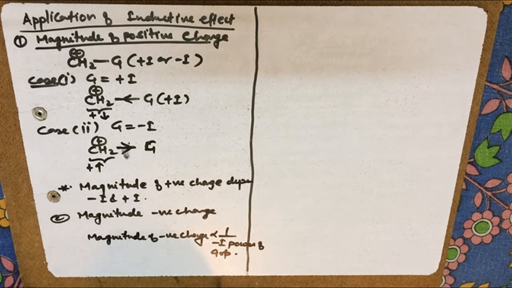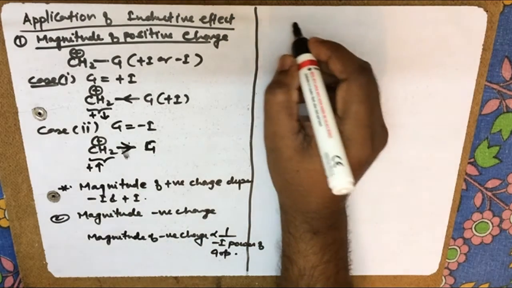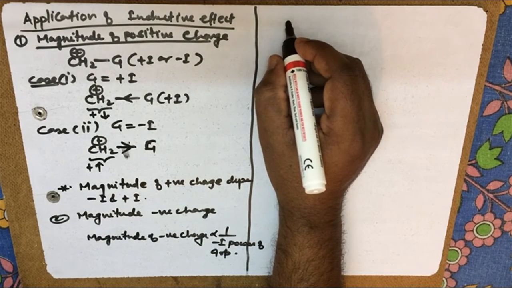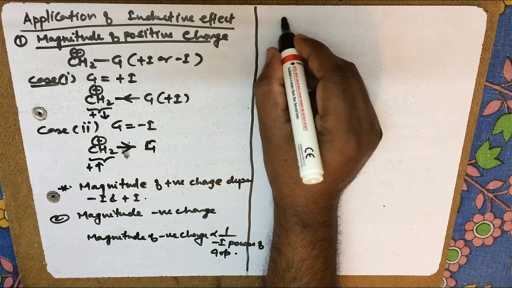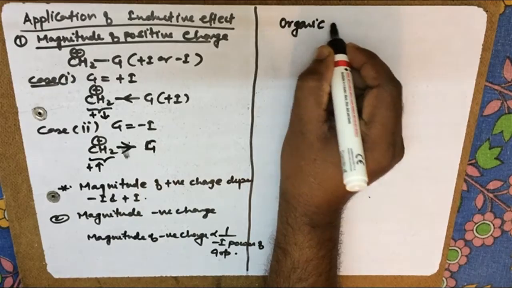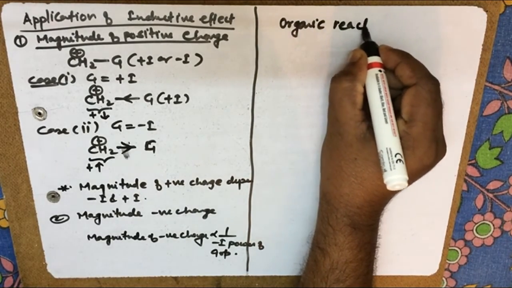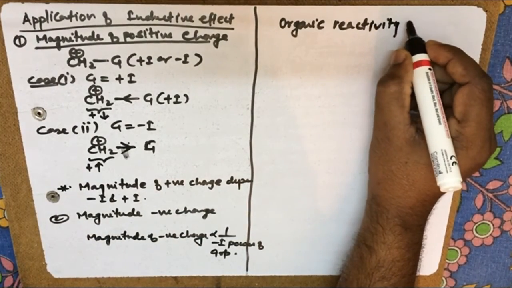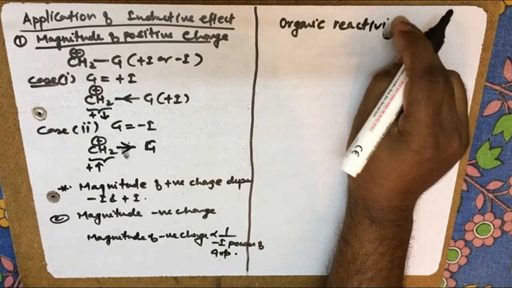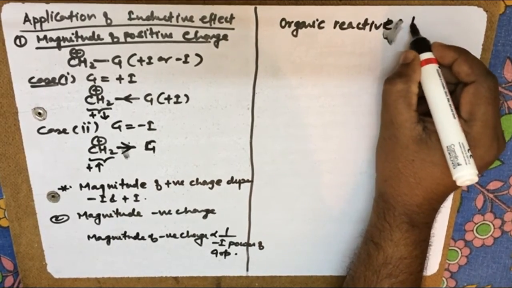In the next lecture I will discuss the CSIR and NET GATE syllabus topics, which is organic reactive intermediates.